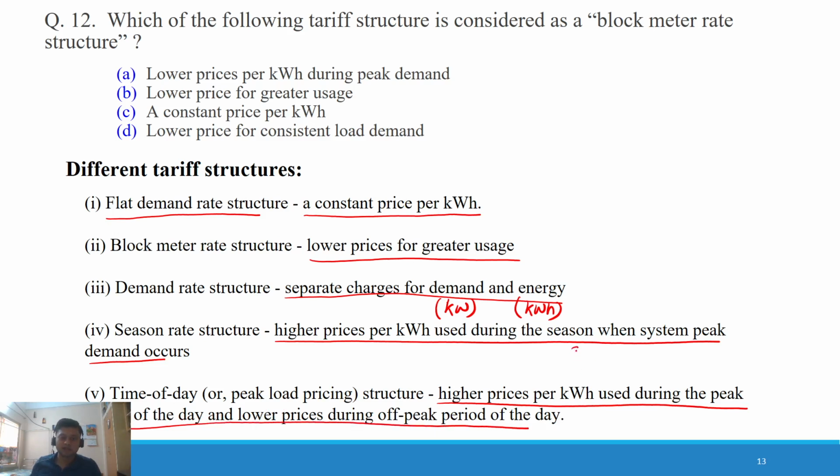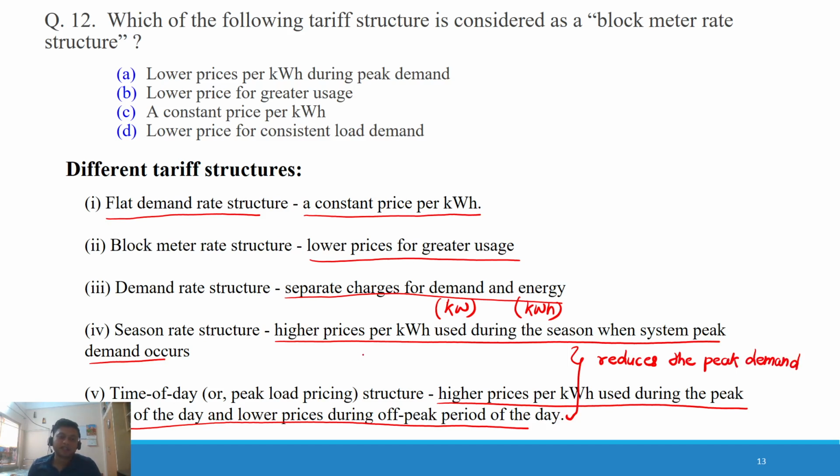So these two, the season rate structure and the time of day or peak load pricing structure, belong to the category of reduction in peak demand. This motivates the reduction in peak demand, because at peak hours they are taking higher prices.